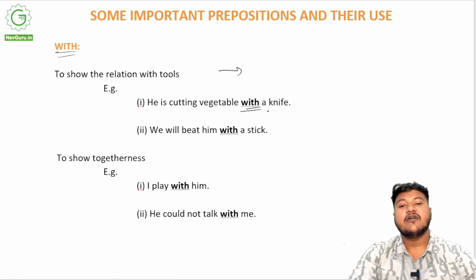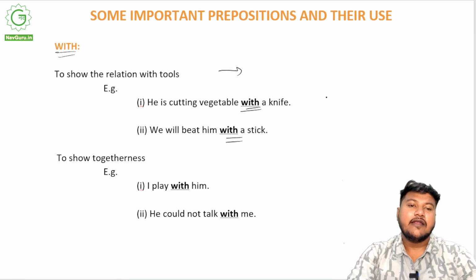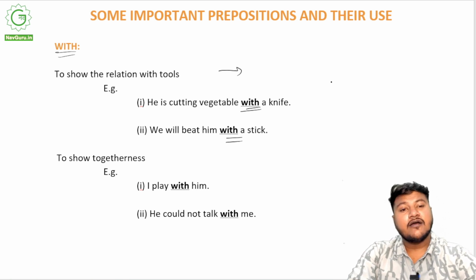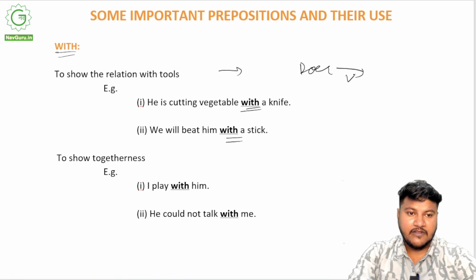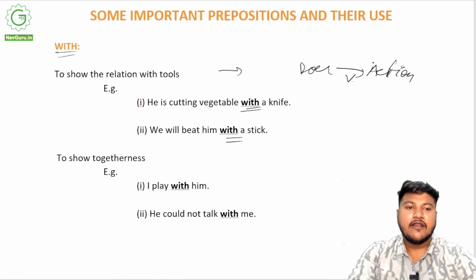With a knife. We will beat him with a stick. We will beat him, okay, but what will you beat him with? With a stick, right? So this is the doer, this is the verb, this is the action, and the relationship between them is shown by with.